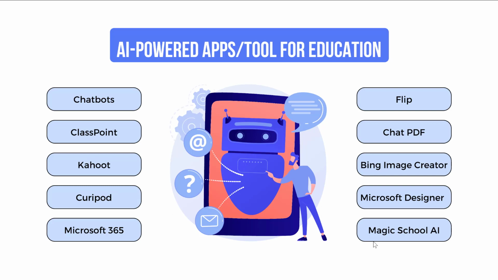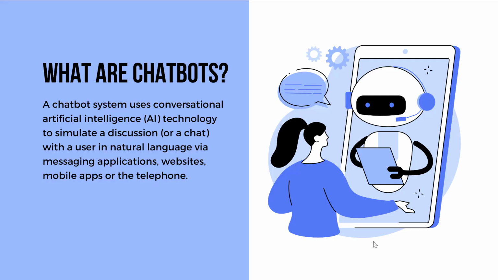What are different types of AI-powered apps or tools for education? There are lots of them, like chatbots, ClassPoint, Kahoot, CuriPod, Microsoft 365, Flip, that was called before Flipgrid, ChatPDF, Bing Image Creator, Microsoft Designer, and Magic School AI.